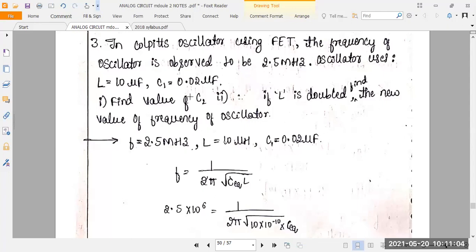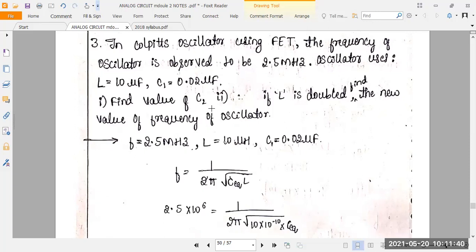Okay, sorry, 10 microhenry, not farad here. You take the L value as 10 microhenry. C1 is 0.02 microfarad. So find out the value of C2. We don't know the C2 value, that you have to find out. They gave C1 and L.